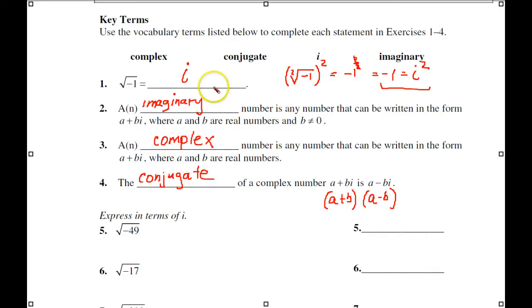Now, when we write i in connection with real numbers, the standard form for writing it is this: a, which is the real number, b, which is a number, and then times i. We'll be getting back to that too.